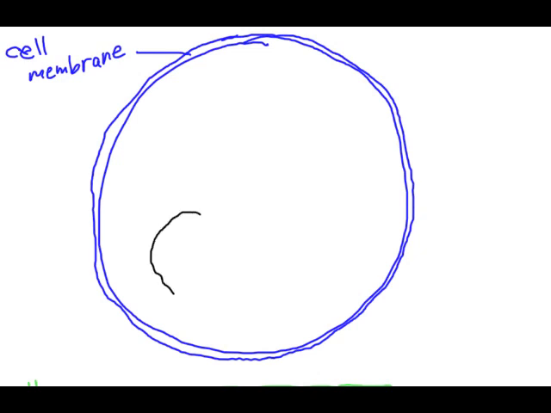The nucleus is also a double layer membrane, and it's found in both cells. The nucleus is considered the control center of the cell, right? It controls all the activities in the cell, growth, reproduction, and whatnot.